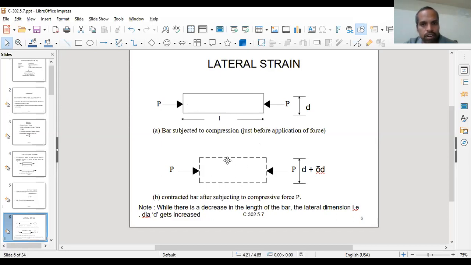Now after application of the load, what happens? What type of load is it? Push means compression. A compressive load means the member gets contracted and its length decreases. So this dimension is decreased.